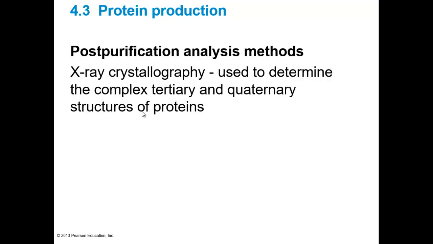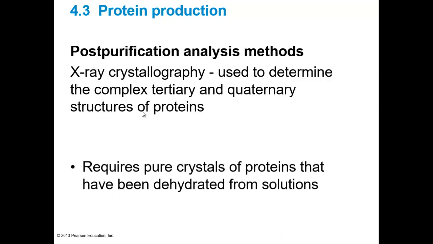So if your protein, say it's something that has a complex tertiary structure like an immunoglobulin, or a quaternary structure like hemoglobin that has multiple subunits, then you can use X-ray crystallography, but you do have to have the ability to crystallize your protein before you shoot X-rays at it and determine the structure.